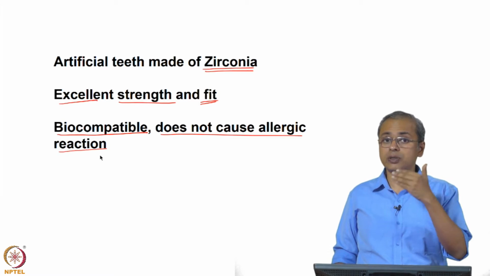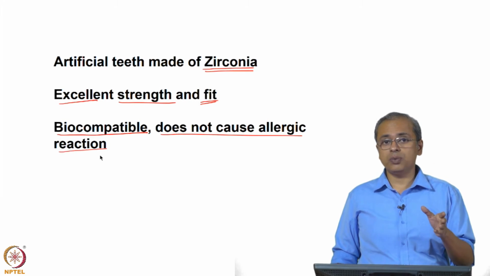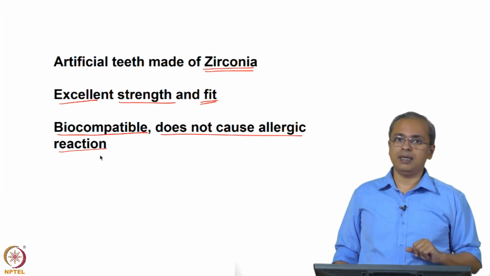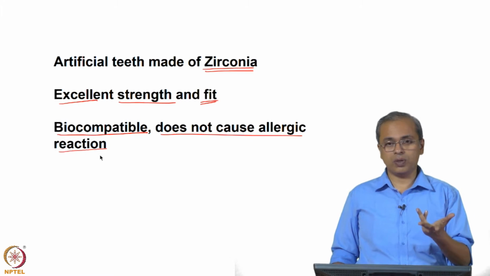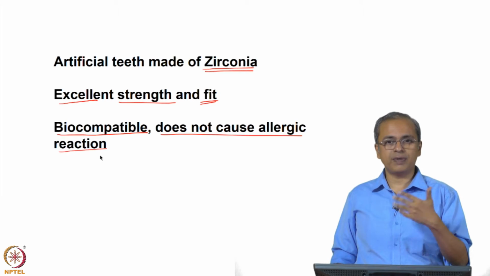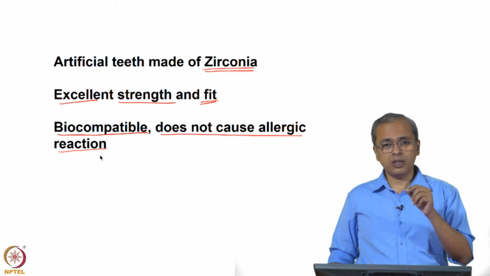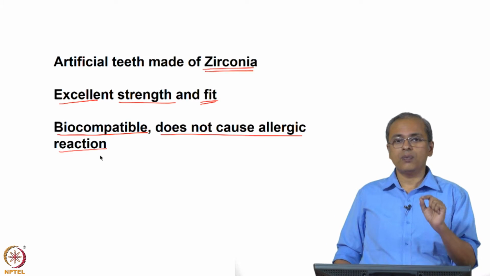So, when zirconia is used as a gemstone, it is being used in a manner where it mimics the diamond's look, and so it also shows some level of transparency. But when you use it as a tooth, you are using it as an opaque material which is white in color.